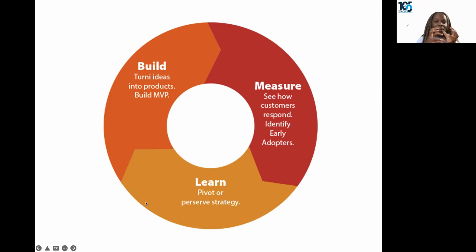We wrapped up the tail end of our build; our prototyping was our first rough pass. We measure by talking to people and getting that input. We learn from that input, and then decide: do we need to pivot or persevere? If you need to pivot, you do another build, another measure, and you learn. You can go through this loop over and over until we reach a point where our customers are saying the things we need to hear to know it's okay to persevere.